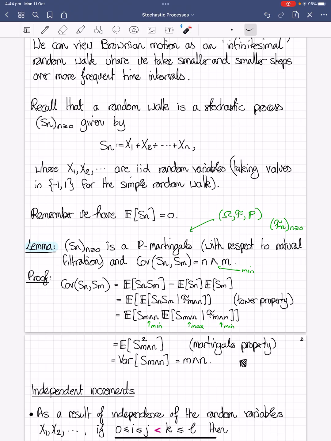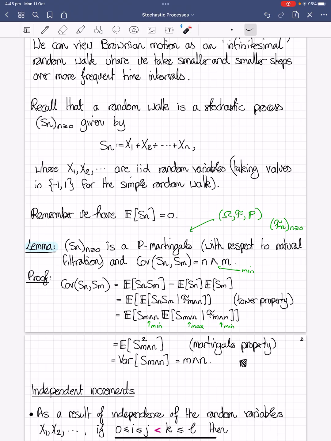So the covariance of Sn and Sm, we just write down the formula for a covariance. Since the expected values of these things are equal to 0, this whole term disappears. Then, using the Tower property of conditional expectations, we can introduce the filtration up to the time point m wedge n, which is the minimum of m and n.